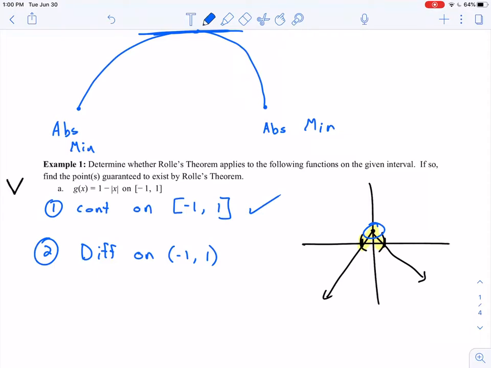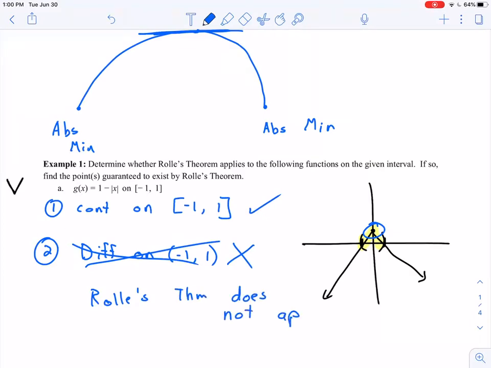These are the things we need to look out for. Which means no, it is not differentiable on a to b. So that means that Rolle's theorem does not apply. We didn't even get to the third condition. If any one of these conditions fail, you can say, no, you know what? Rolle's theorem does not apply. You don't need to do anything beyond that.